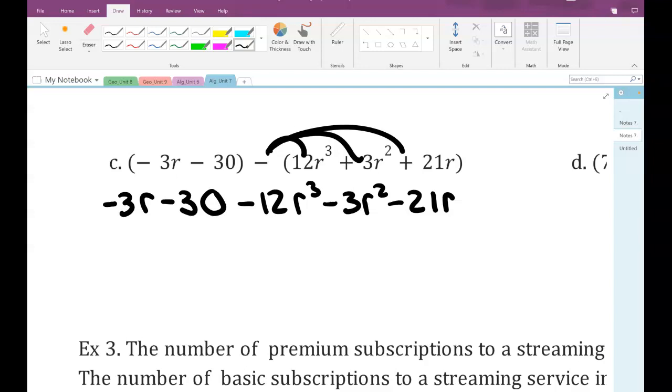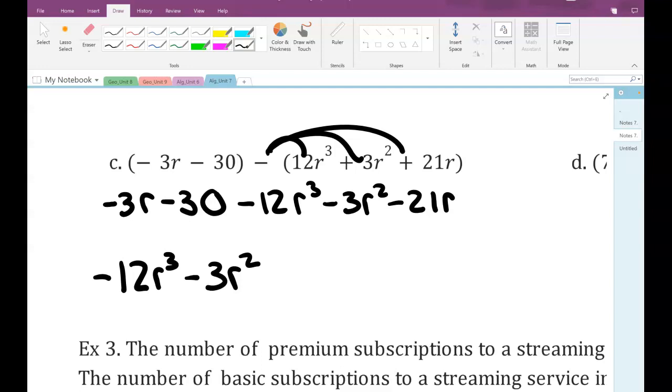But that does not have a like term that I can combine with. So that's just going in the front. No combining there. Also for my second highest term, that r squared term, the minus 3r squared, doesn't have any like terms. So say minus 3r squared.